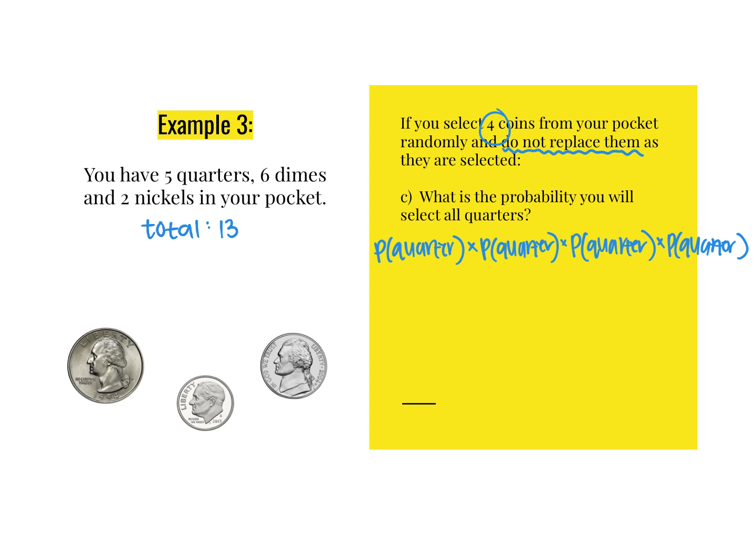Looking at this one, the first one is nice because it is straightforward, right? We've got 5 quarters in our pocket out of 13. But remember, we aren't putting them back. So now there's only 4 quarters left in your pocket out of 12 because we took one out. Now 2 have been taken out, so there's only 3 left out of 11. And your last quarter, 2 over 10.